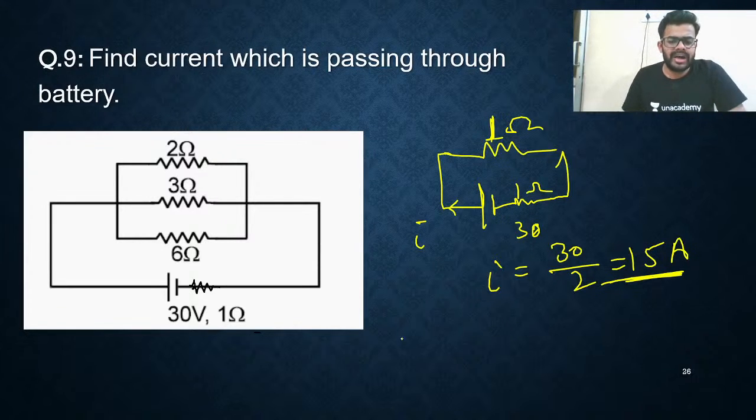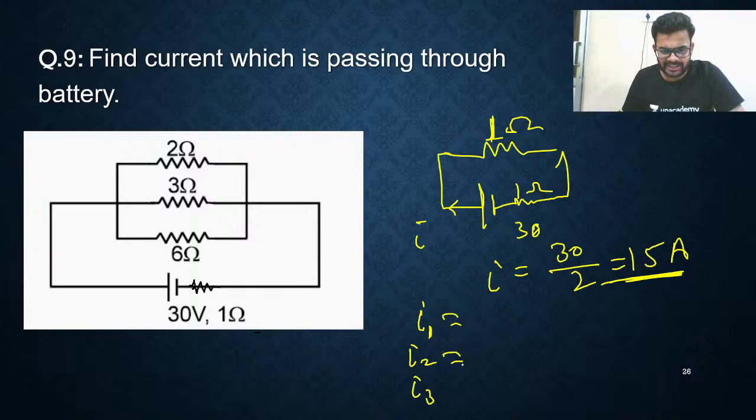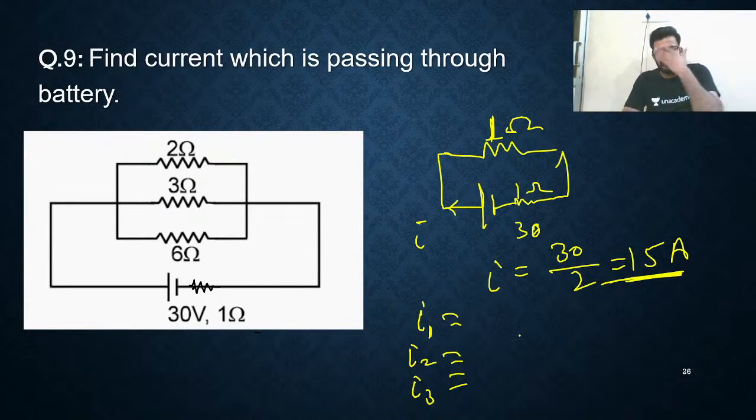Now, tell me the current passing through the 2 ohm, the 3 ohm and the 6 ohm resistance. Come on, I1, I2, I3.